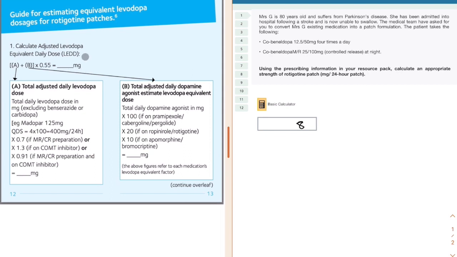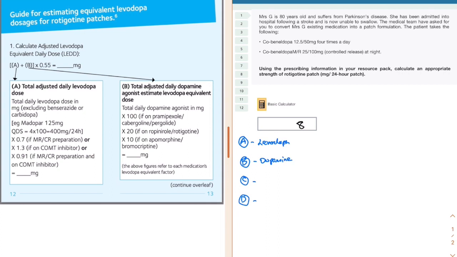These calculations encompass these 4 stages. So we've got A, B, C, D. We list this down first of all, straight away, before we start. We've got our levodopa calculation, we've got our dopamine calculation.